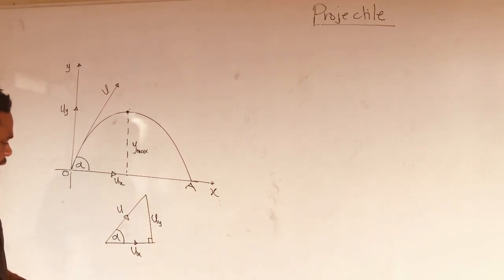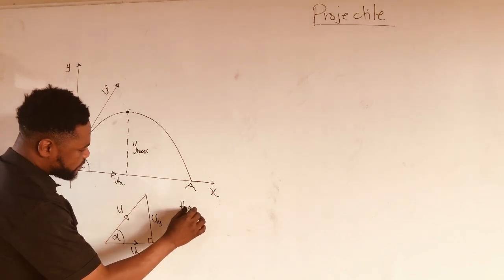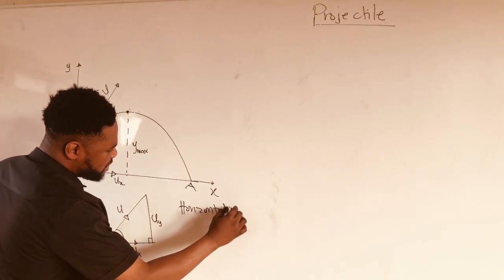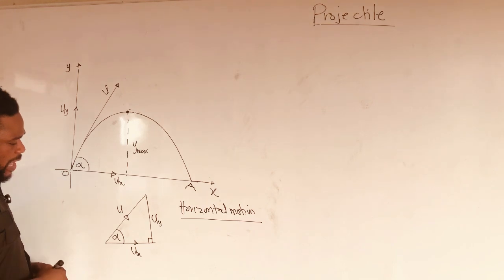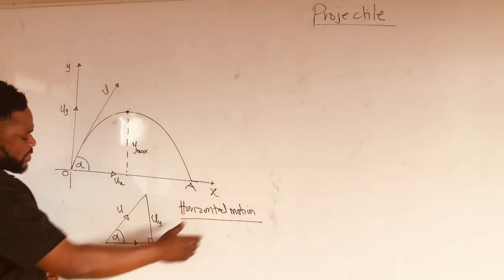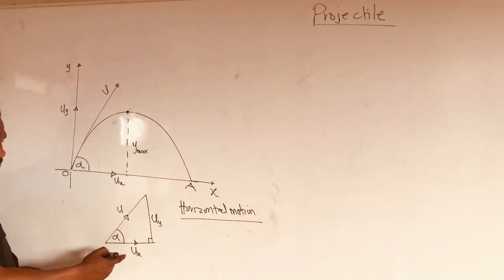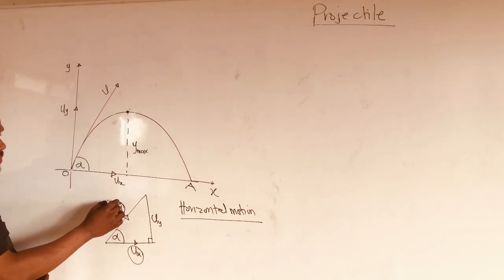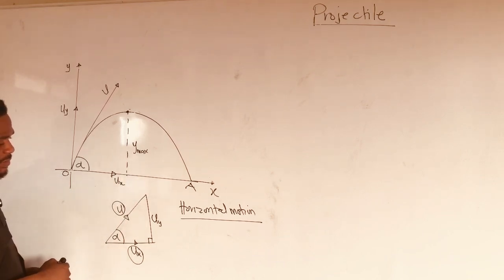Now let us look at the horizontal motion of the particle. How can we resolve the horizontal motion with respect to the initial velocity, as you can see here? In this case, we consider the initial velocity in which the body is moving.